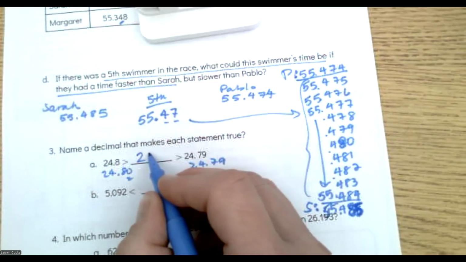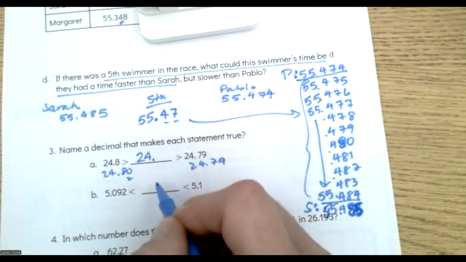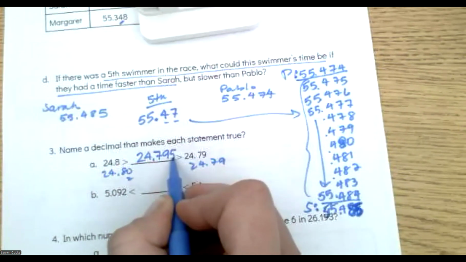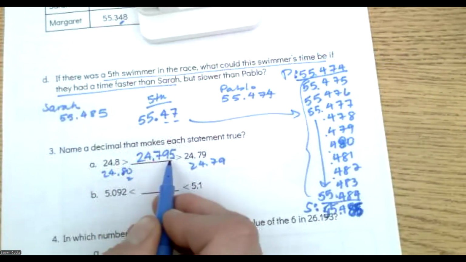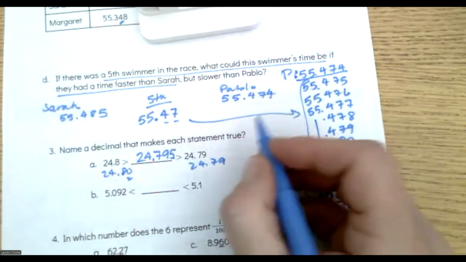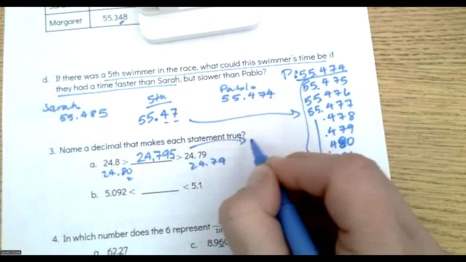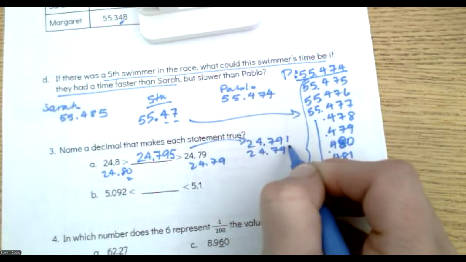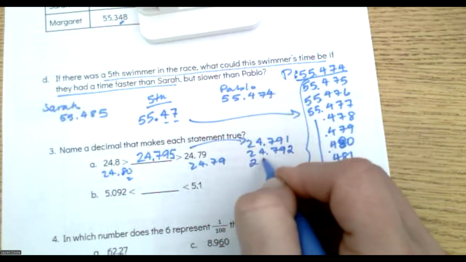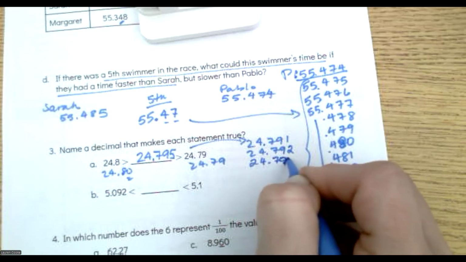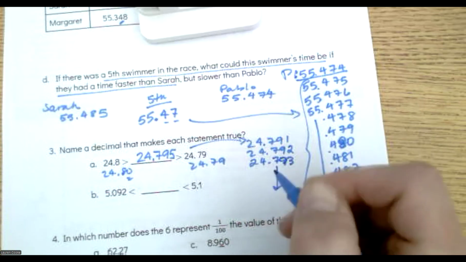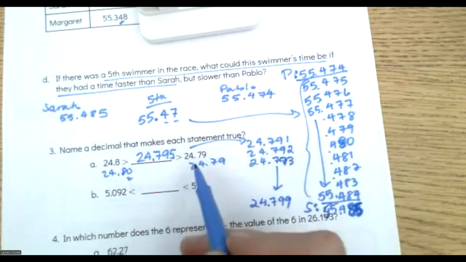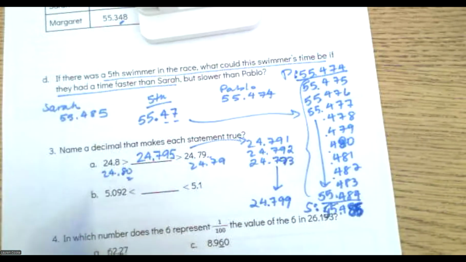All right, 24 and 79.5. This is definitely bigger. And then 79.5 is bigger than that. But then we could actually have any of these in the middle, 24.791, 24.792, 24.793, all the way to 24.799, because that'll be greater than just this and less than this.